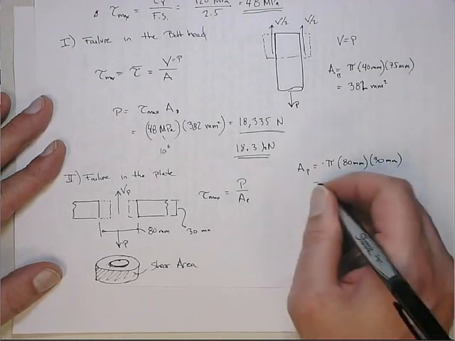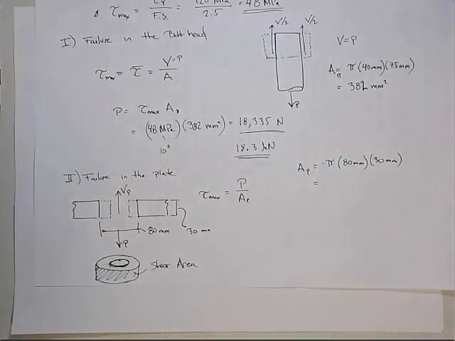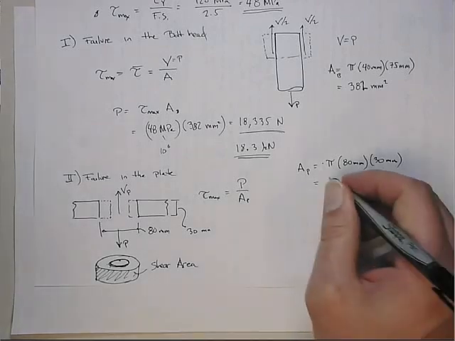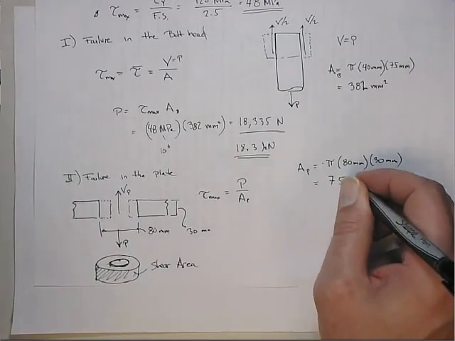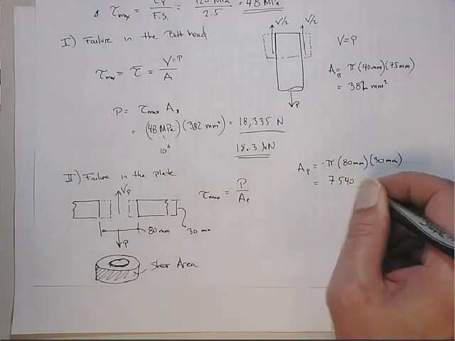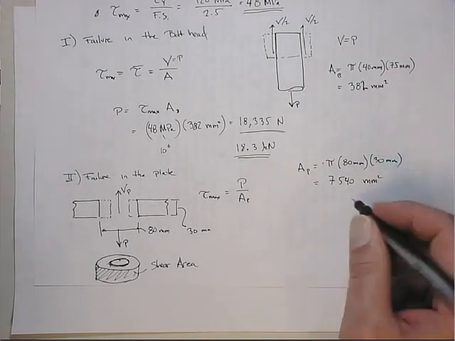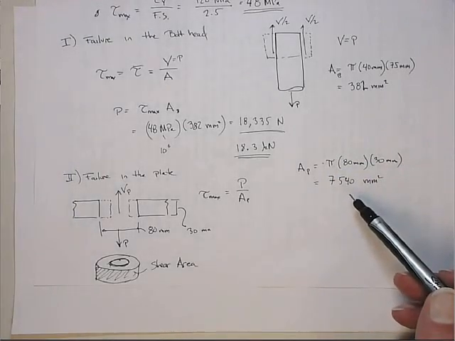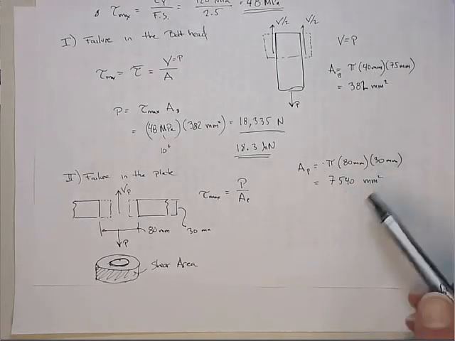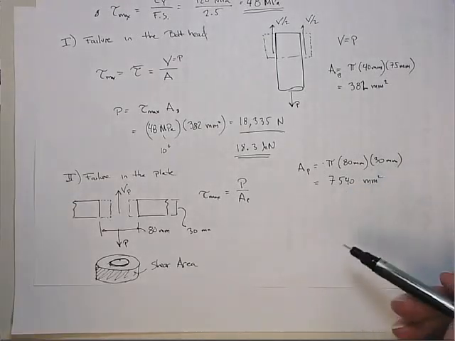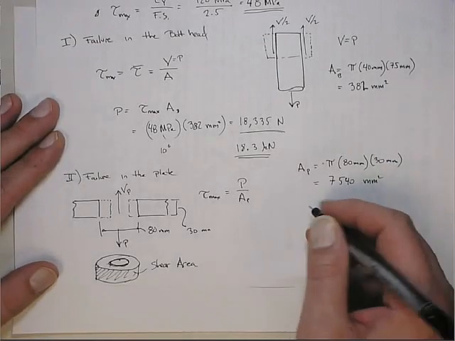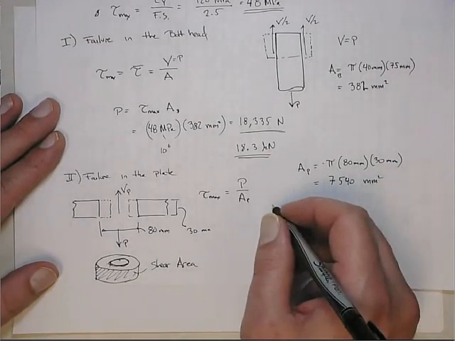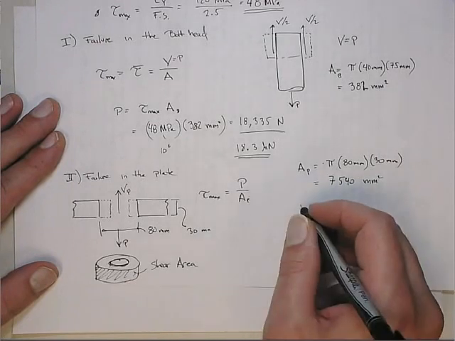So this now becomes 3.1415 times 80 times 30, which is 7540 millimeters squared. So this actually has a bigger cross-sectional area, so it's going to fail at a higher stress. And so this will actually have to be the limiting one, but let's go through the calculation. Again, we want to find the P max.